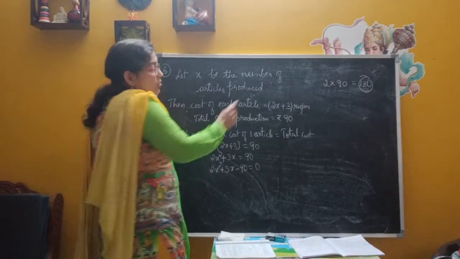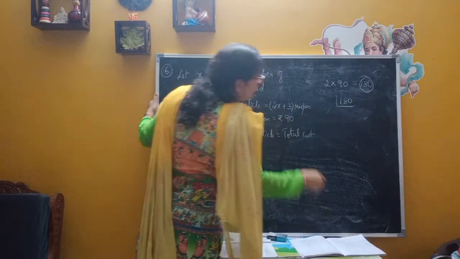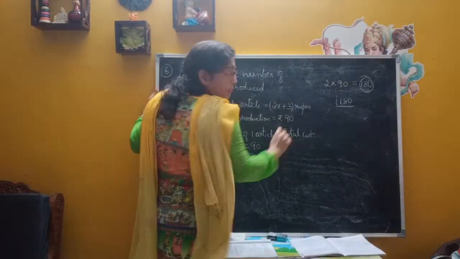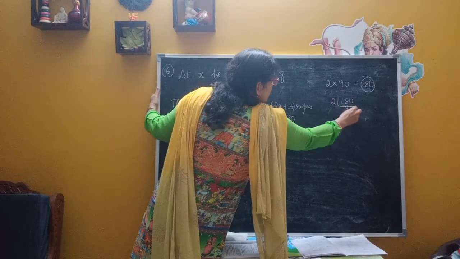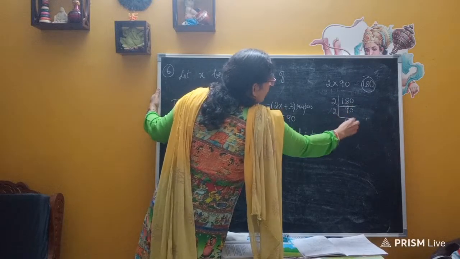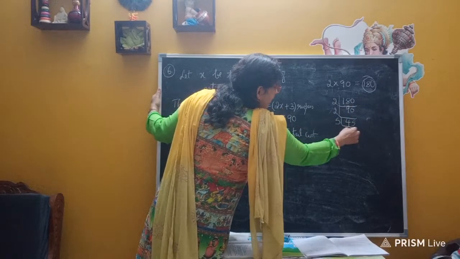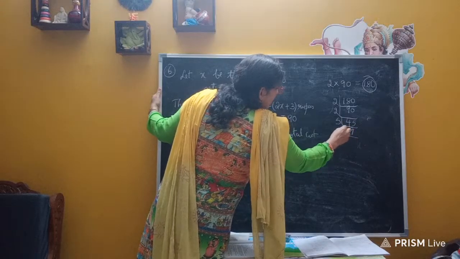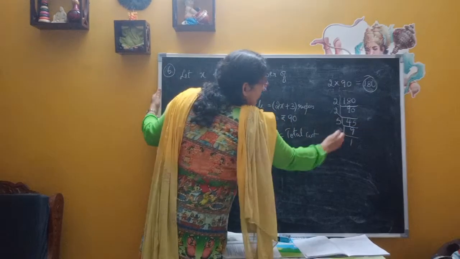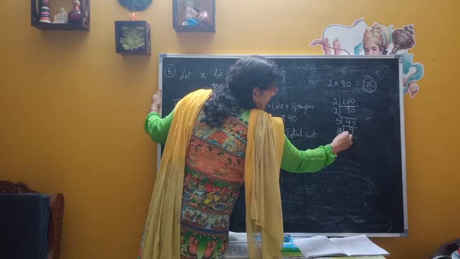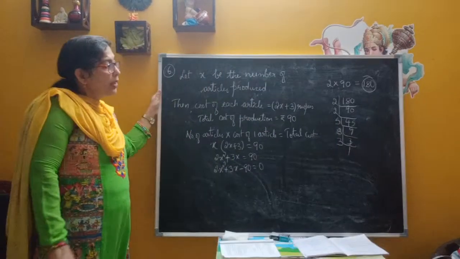Okay, so how to find? Let us factorize 180. By which table we can take? It's not prime factorization. You can take any. So 2 90s are 180, 2 45s are 90, 5 9s are 45 or 9 5s, 9 1s are 9 or 3 3s are, or if you want to prime factorize, 3 3s are, 3 1s are. Okay, 180.